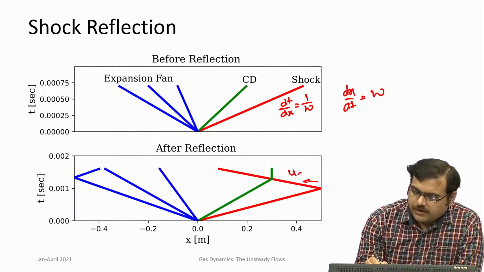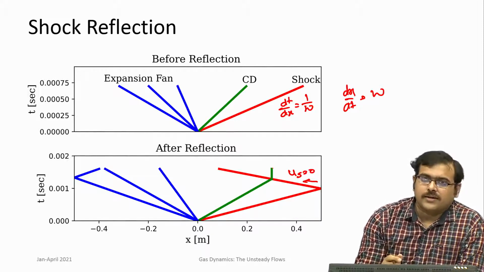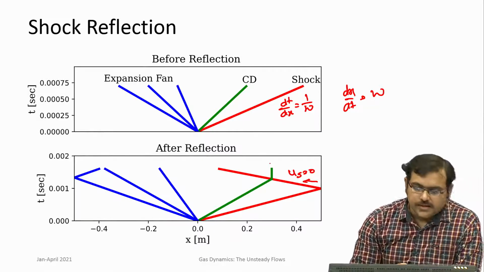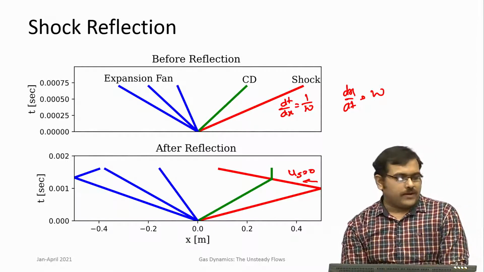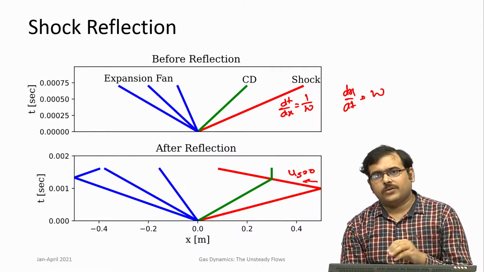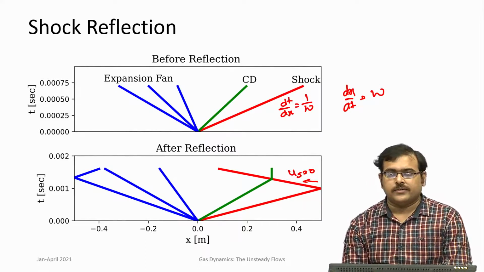So, u5 is 0. As a consequence, you see that the contact discontinuity goes still. Okay. So, this is the picture of an ideal shock tube. In the next class, we will begin with waves and then proceed from there towards all the other topics.